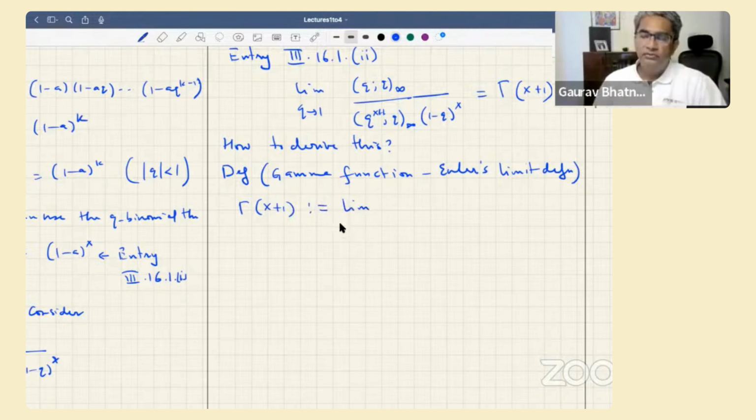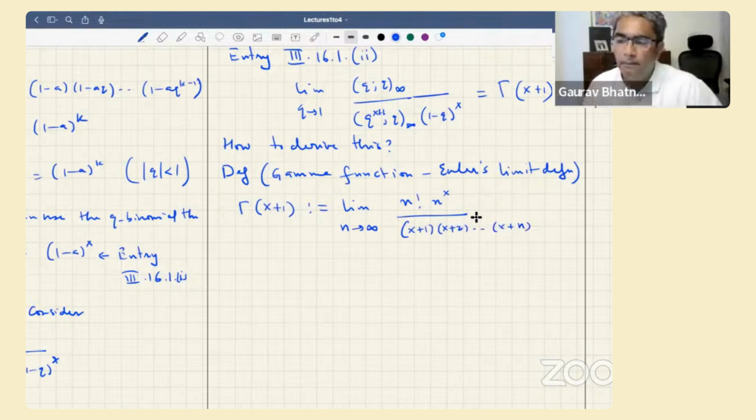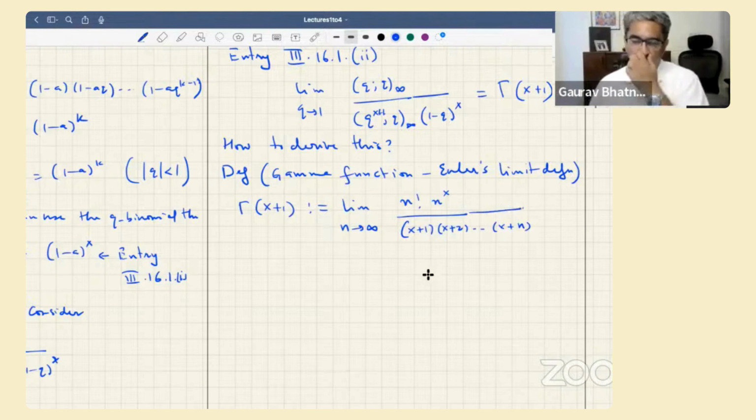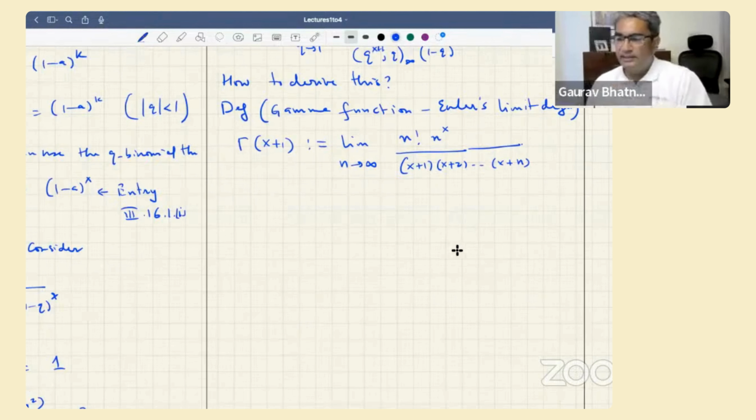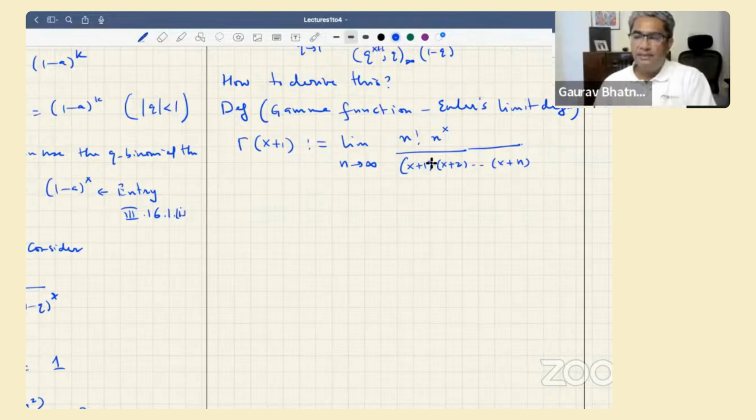So we define it as the limit as n goes to infinity of n factorial n raised to x over x plus 1, x plus 2, up to x plus n. We will talk more about this a little later, especially we'll prove that this limit actually exists.